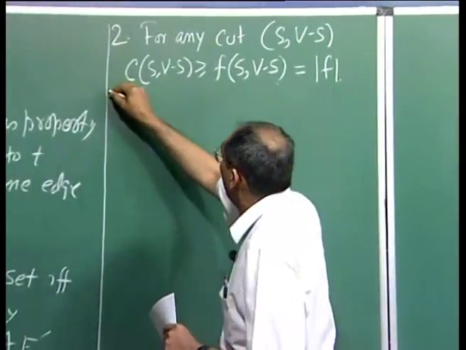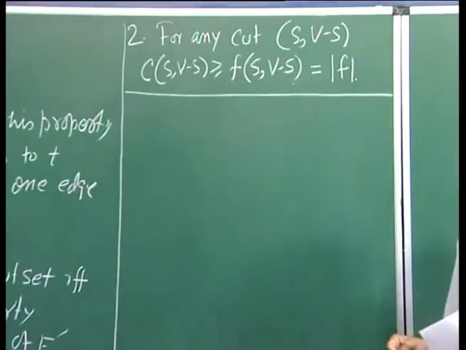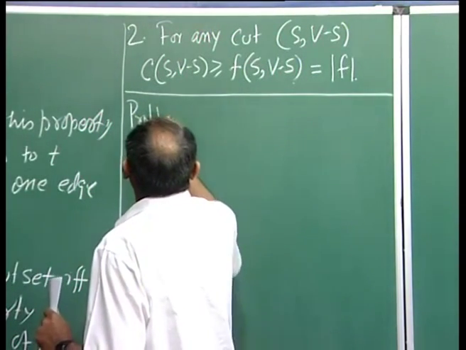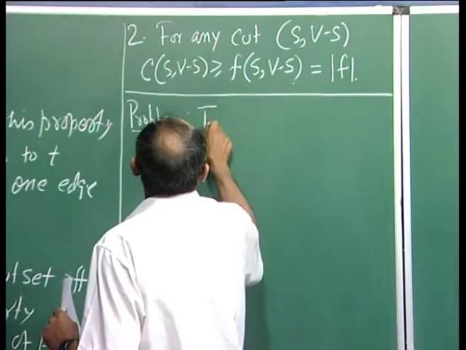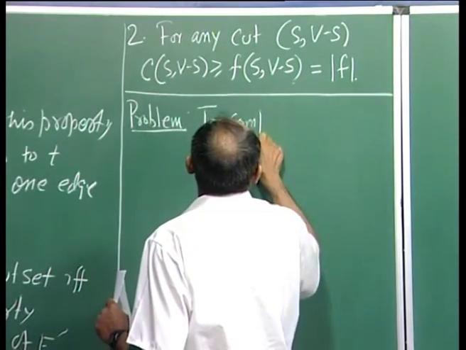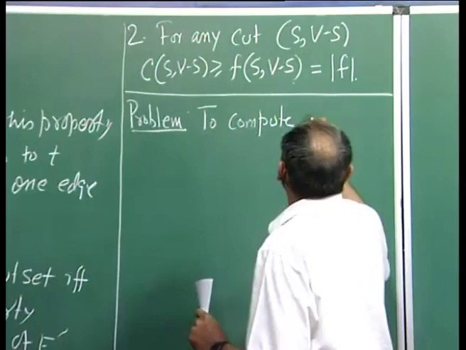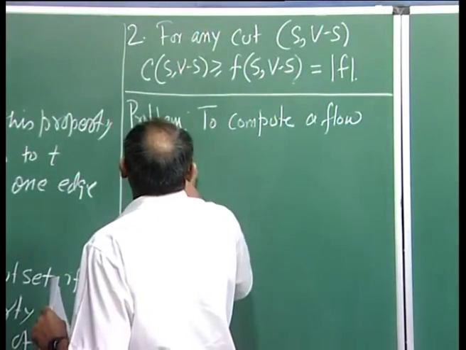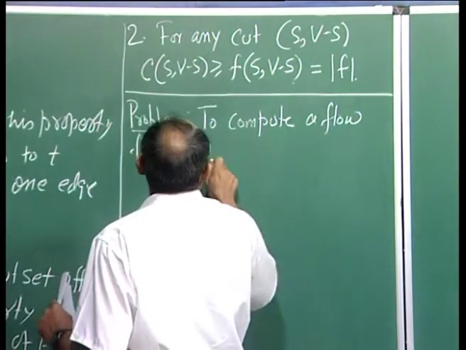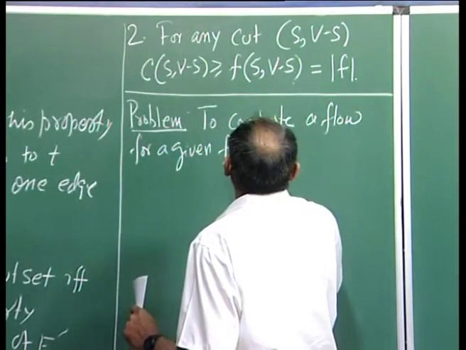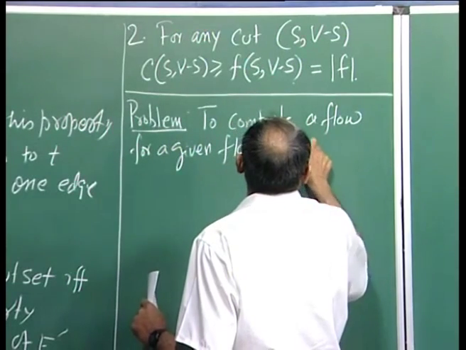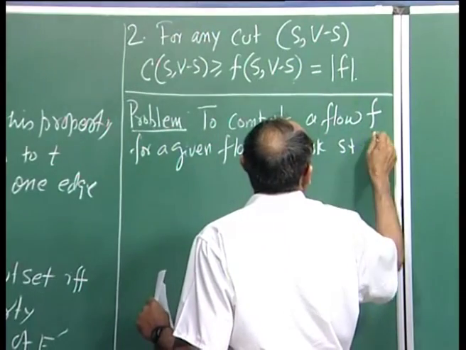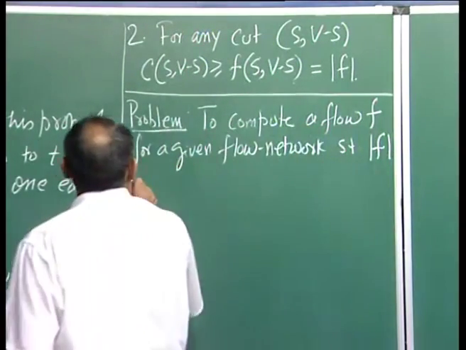And we had stated our main problem. Our problem was to compute a flow for a given flow network, flow F such that this is maximum.